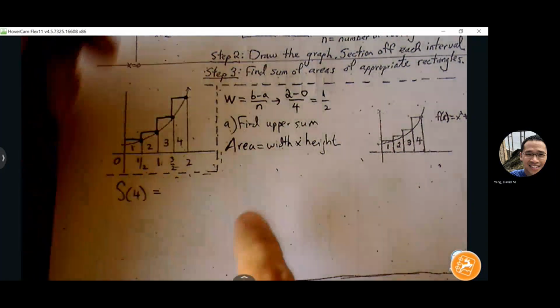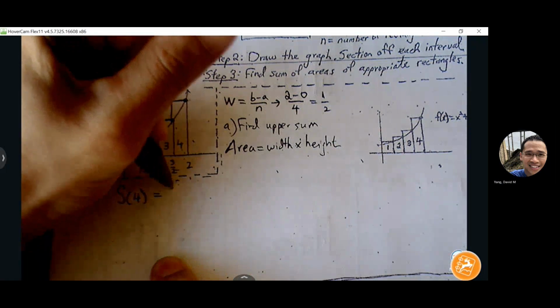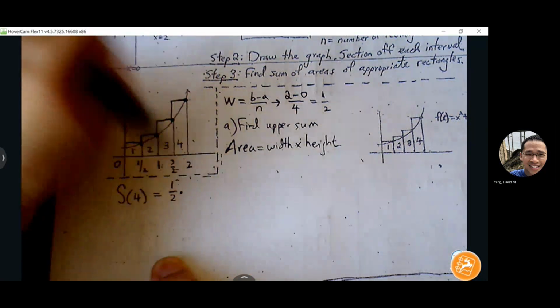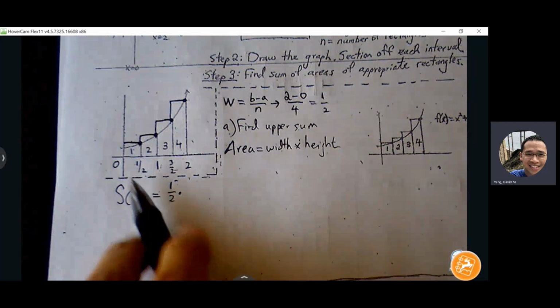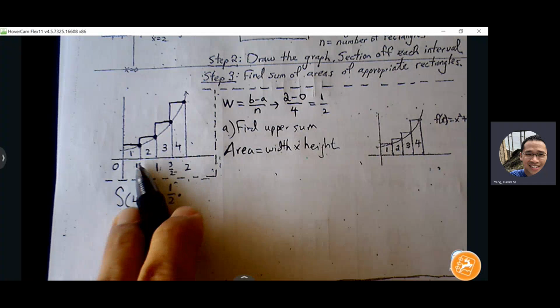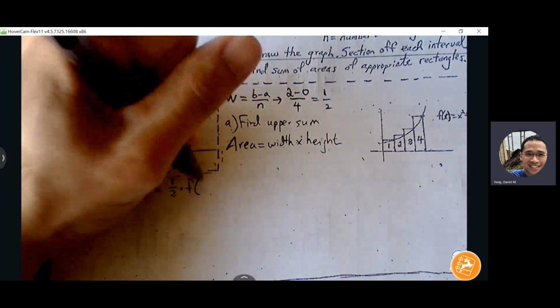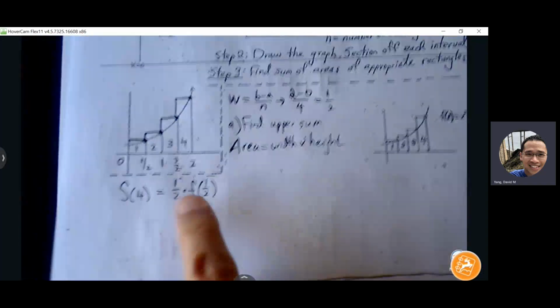Okay. So for every rectangle, we're going to build the area 1/2 times the height. The height is going to be determined for the first subinterval at 0 or 1/2. At 1/2. So we're going to say f of 1/2. We haven't found the height yet, but we know how we're going to find it.